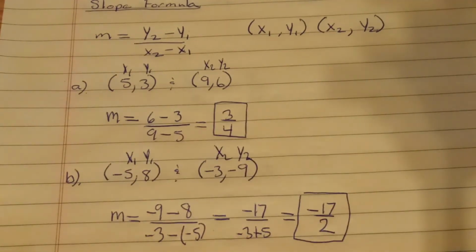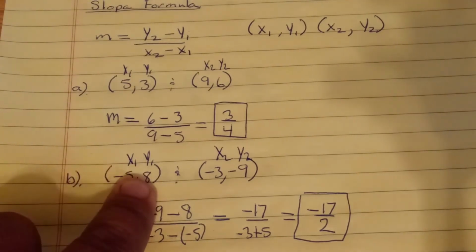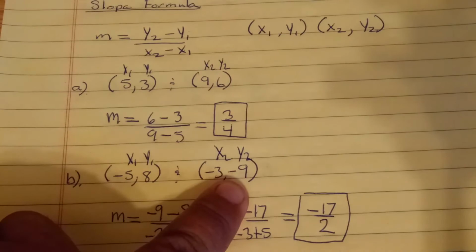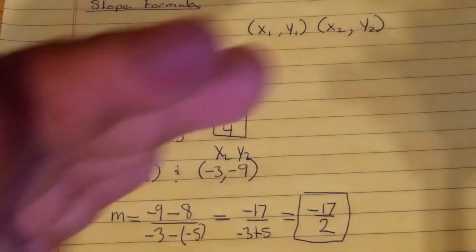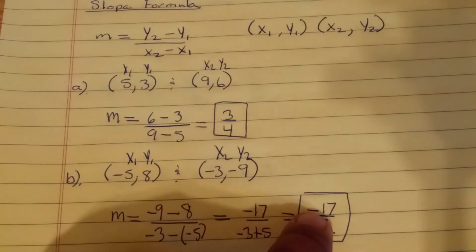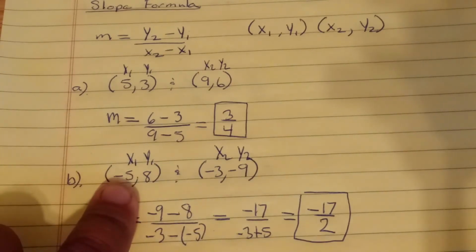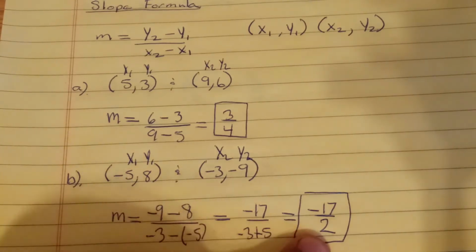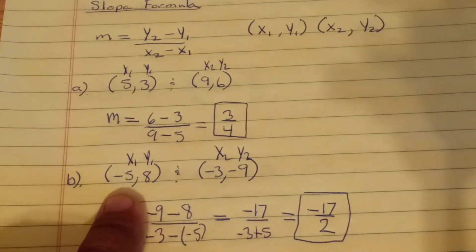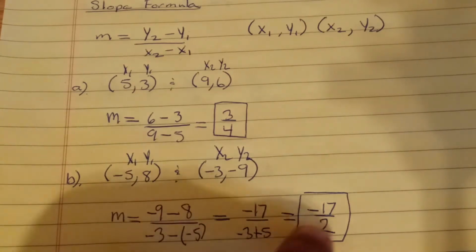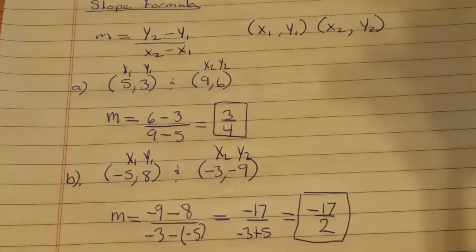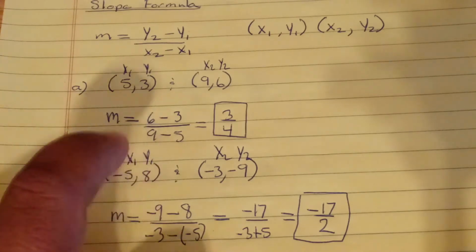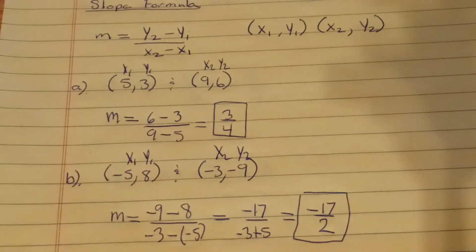So once again, if you think about it, you went from positive 8 to negative 9. So that means that you lost. In other words, it went down 17 places. And you went from negative 5 to negative 3, which means that you gained 2 places. And that's essentially what you did. But instead of doing it that way, that's why we use our slope formula.